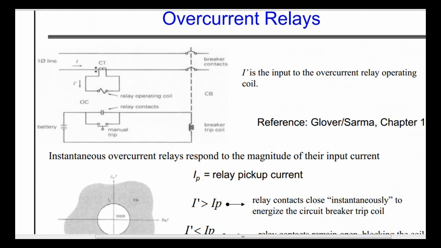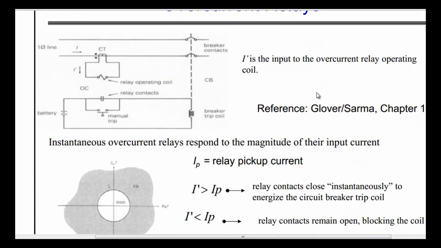The circuit breaker of the recloser usually operates using a breaker trip coil. So we will have on each line a current transformer, and the current transformer has a pickup current.